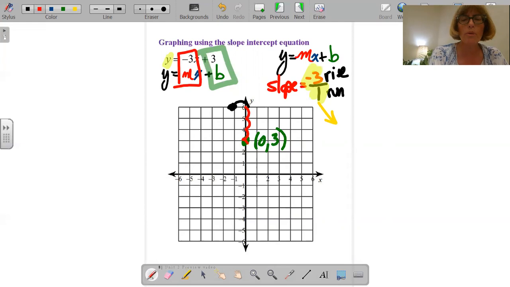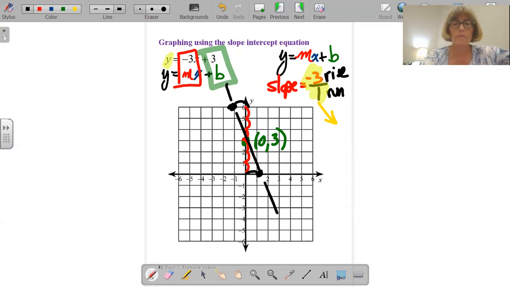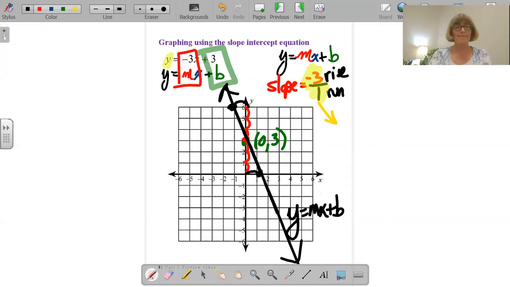Or I could drop 3, and I can run 1 to the right. It's the same slope both ways. Then you connect your dots. Y equals mx plus b.